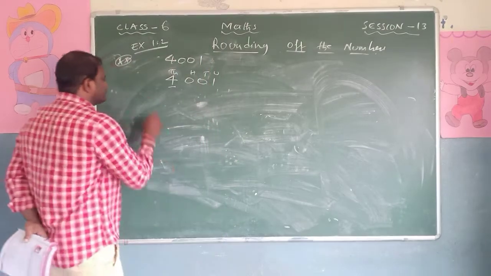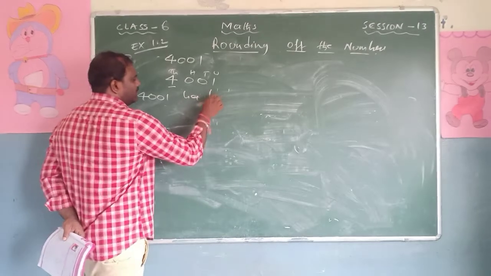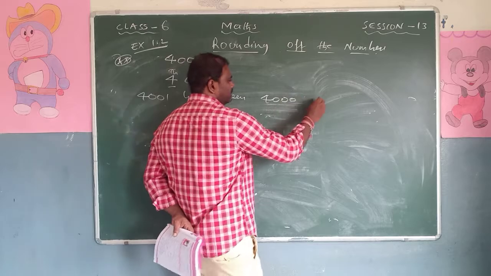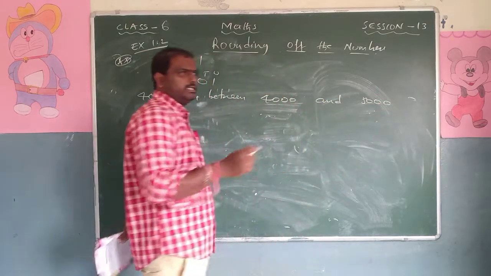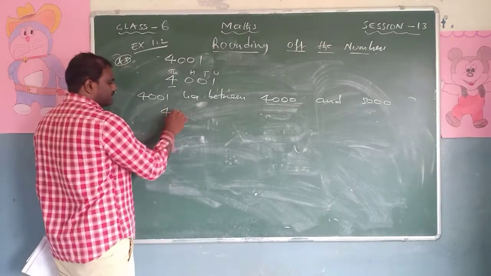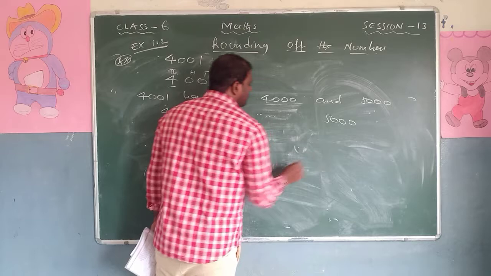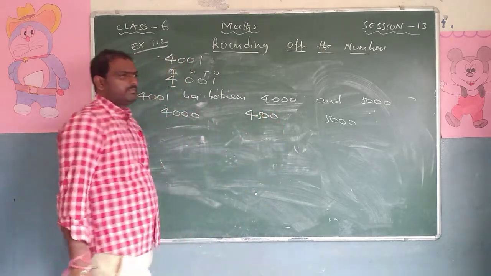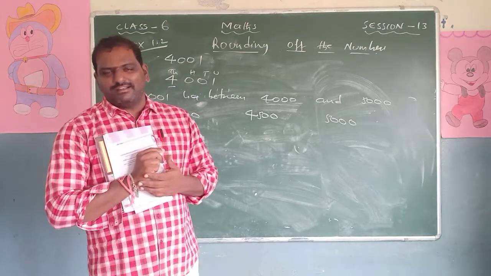First, write that 4001 lies between 4000 and 5000, because it's the next one up. After this, I write 4000, 5000. What is the middle number? 4500. Now we have to check where 4001 lies.